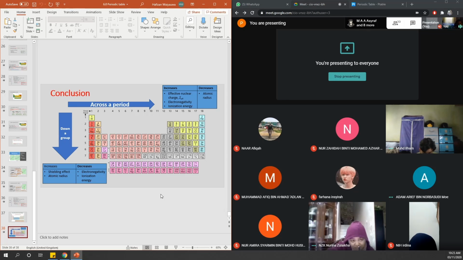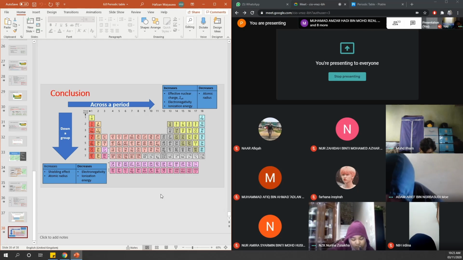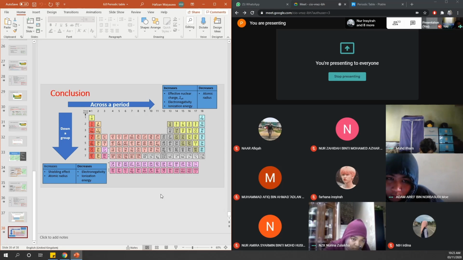So, for example, soalan tu tanya kalau across the period, what's the trend for electronegativity? You dah tahu dah. So, electronegativity bertambah because effective nuclear charge dia bertambah kan. Proton number dia bertambah. And then atomic radius pun dia berkurang.